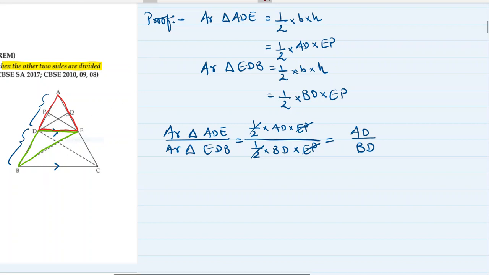So which two triangles will they be? I'm going to delete this for a moment. Okay, so I will keep the red triangle. They will be ADE and, let me use a black pen, DEC.